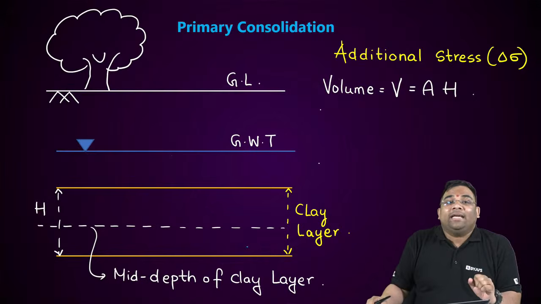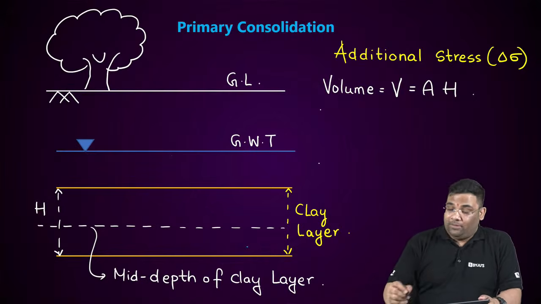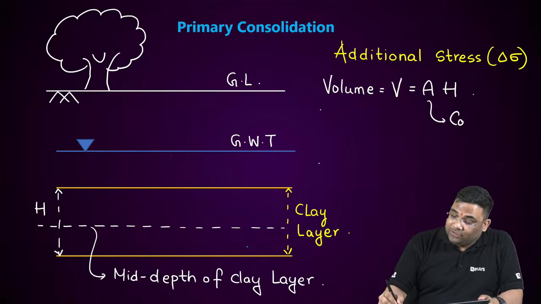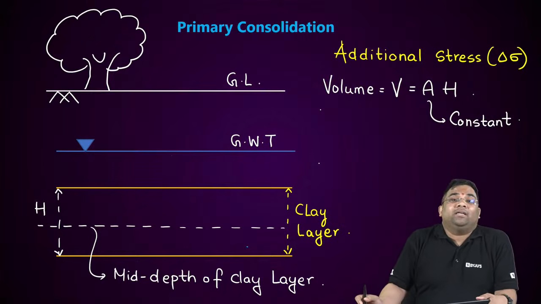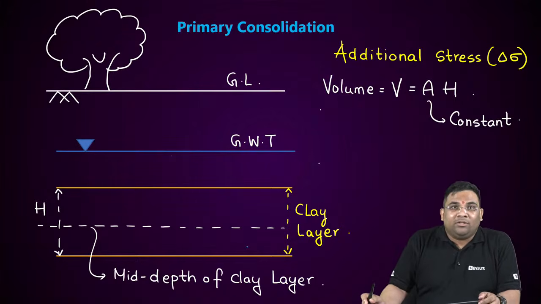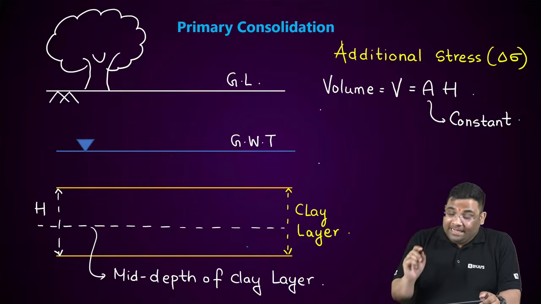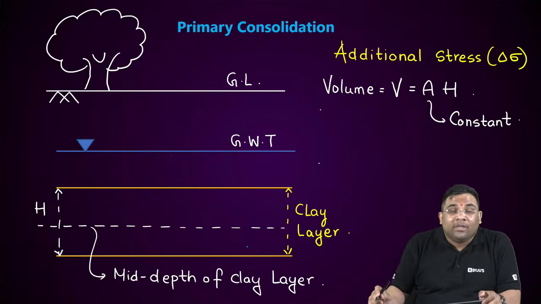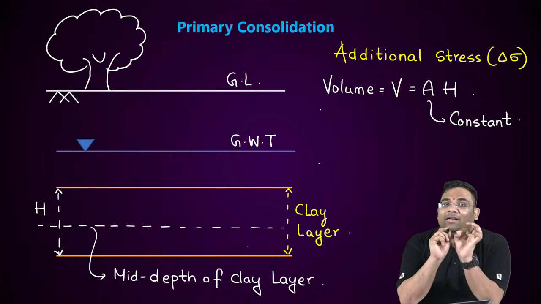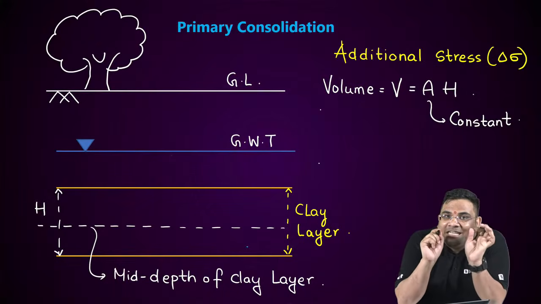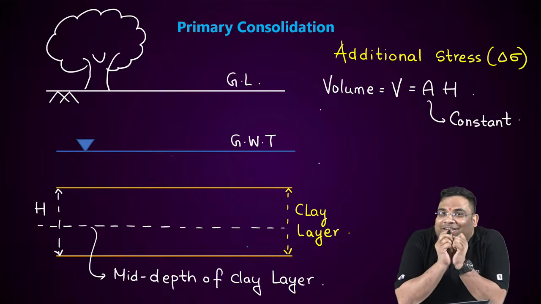Therefore I will assume this area to be constant. So the reduction of volume will be due to the change in thickness of the clay layer.